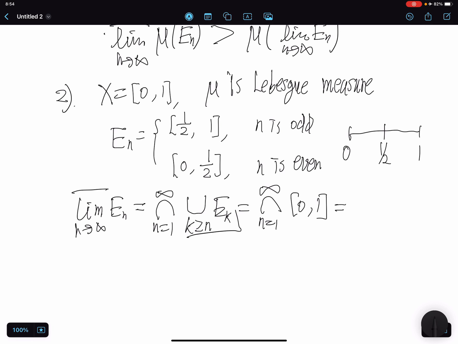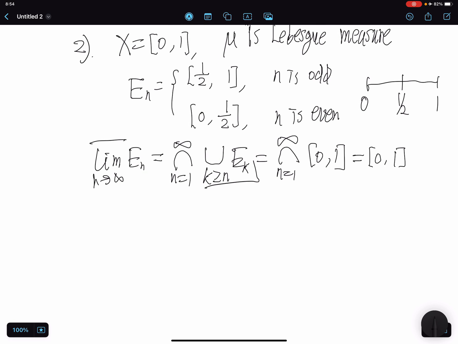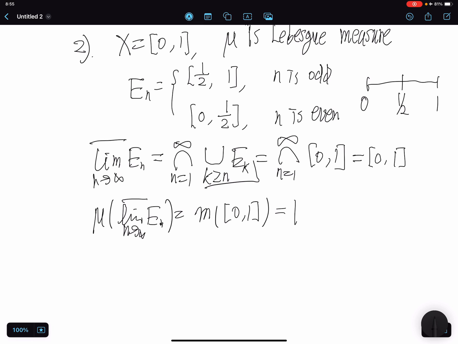And then if you intersect all of them, it's just itself, right? So mu of the upper limit of E sub n is just the Lebesgue measure of this interval, which is 1.